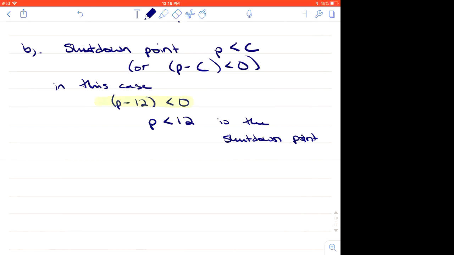Maybe I'll do a darker highlight, red. So that's all you would need to show for work. The other stuff, I'm just saying, hey, here's what it is.